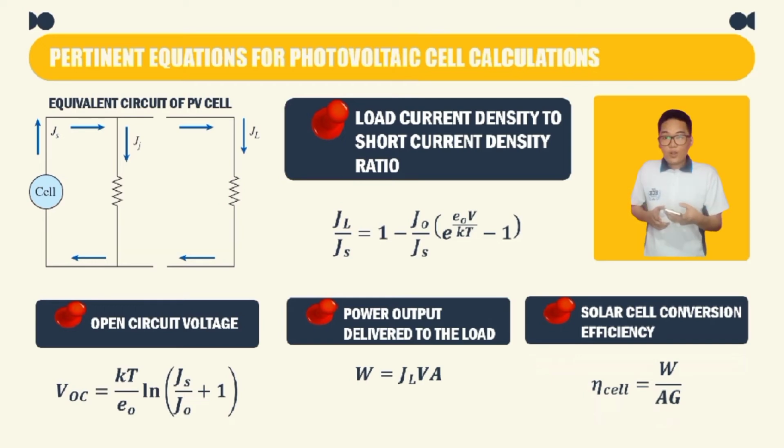So first, here's the equation for open circuit voltage. Then we have the equation for the ratio of load current density and short circuit current density. We also have the equation for power output delivered to the load. And finally, we have the equation for the conversion efficiency of a solar cell.